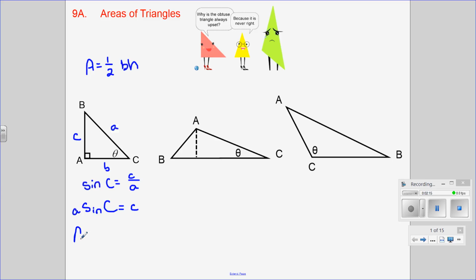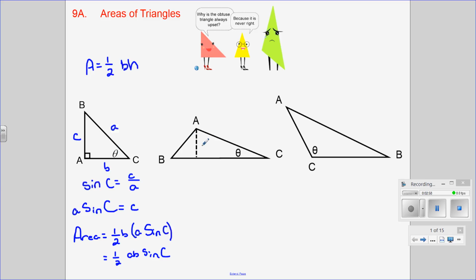Now if I write down my area of the triangle, I can represent that as 1/2 base times the height, and my height, again, is this little c, which is little a sine of big C. So I wind up simplifying this down to 1/2 a b sine of C. Again, this is just to find the area. So the area of this triangle is 1/2 ab sine of C. That would help us out if we didn't know what the height was, but if we were given an angle, we can use that to find the area of the triangle.